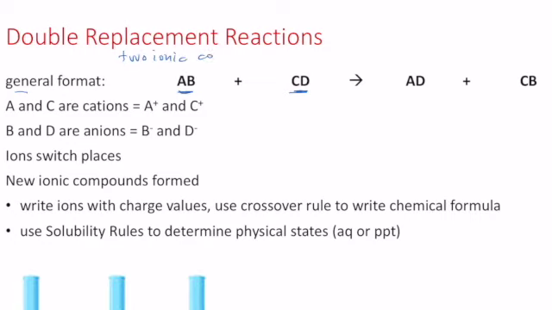These two ionic compounds can be broken out as not just AB, but the cation A and the anion B. And then the other ionic compound is the cation C and the anion D. So these ions will switch places. A is the cation and it takes a new partner, D, and it forms the ionic compound written just AD.